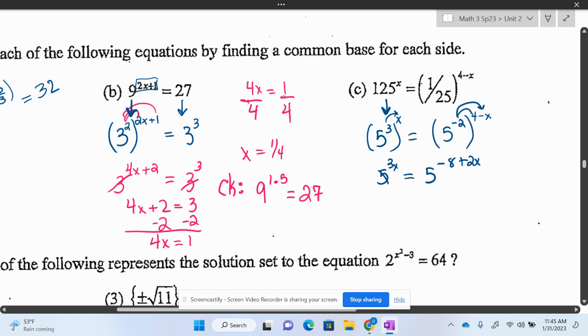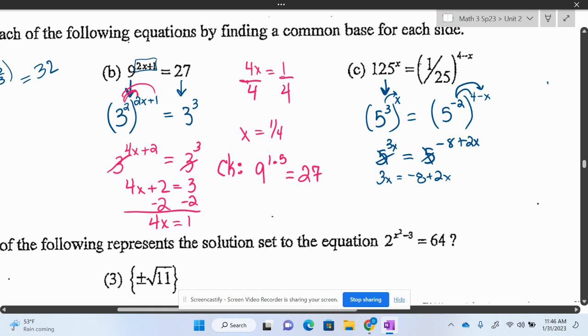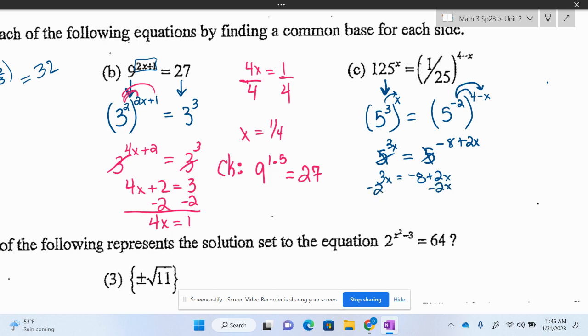Yes. So I'm going to ignore the bases and solve the equation as normal. So what do you want to do first? Perfect. So when I subtract 2x from both sides, I have that x equals negative 8.